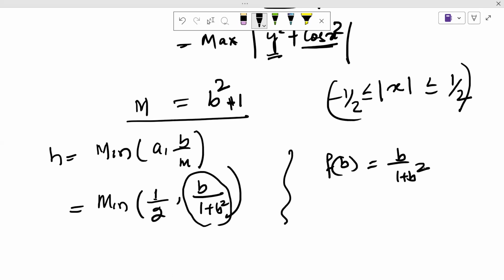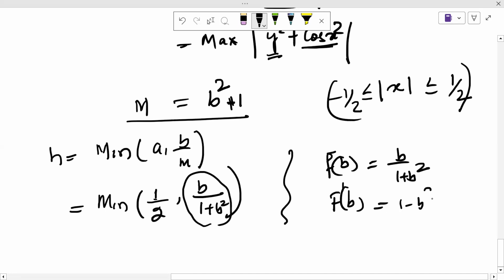You have already studied how to evaluate maximum and minimum values in your class 12. So first you take the first derivative of the function. What is f dash b? Just apply the division formula for the derivative. Then you get 1 minus b square by 1 plus b square, whole square, right?